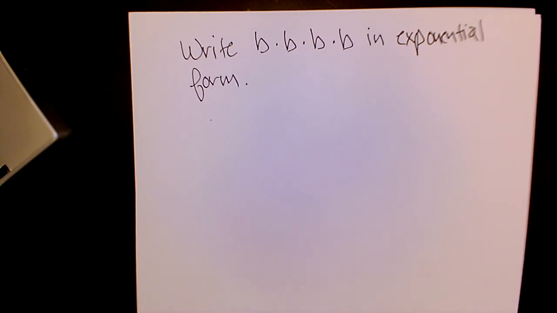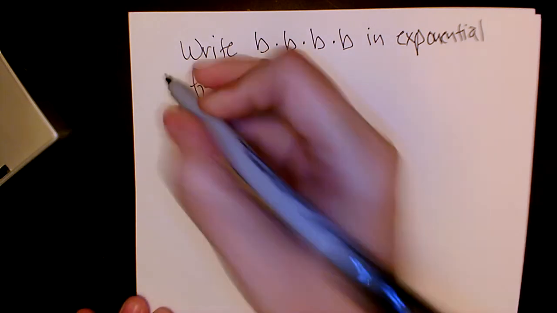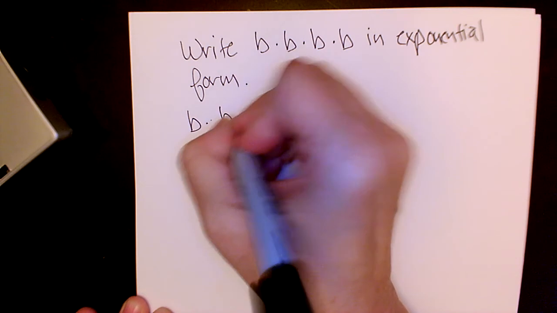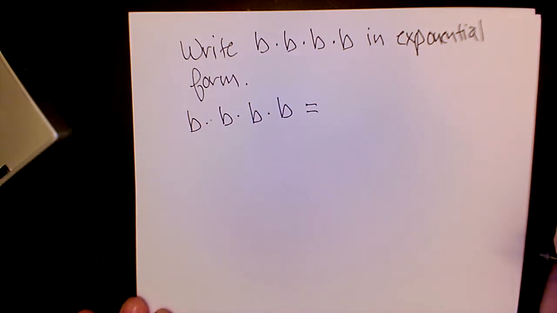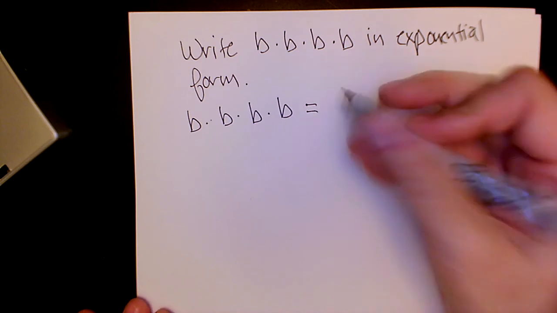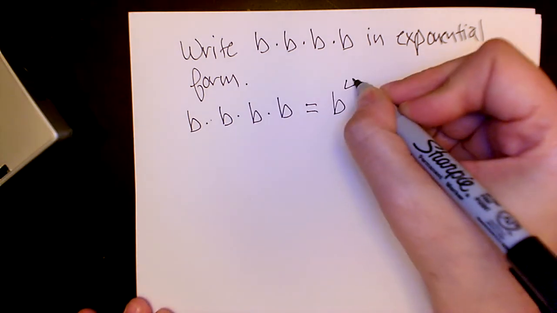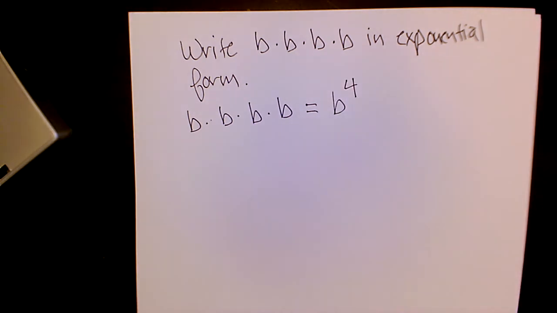It just means we're going to write b times b times b times b with an exponent. We're going to write it in the shorthand way. So b times b times b times b in exponential form, or the shorthand way, is just b to the 4th power. Easy?